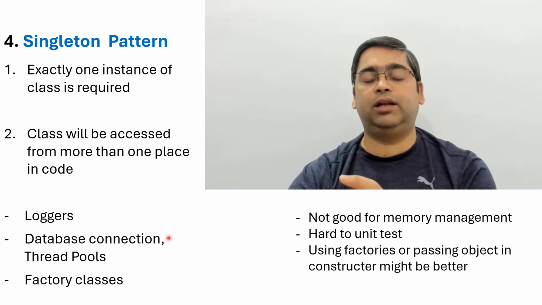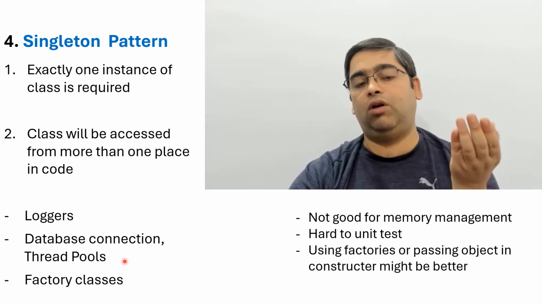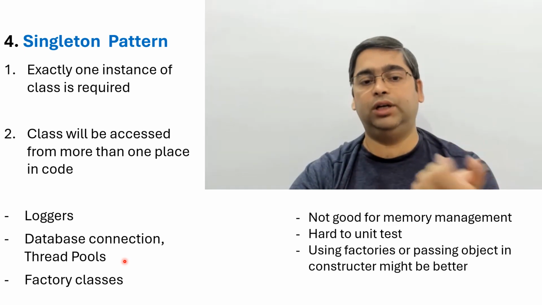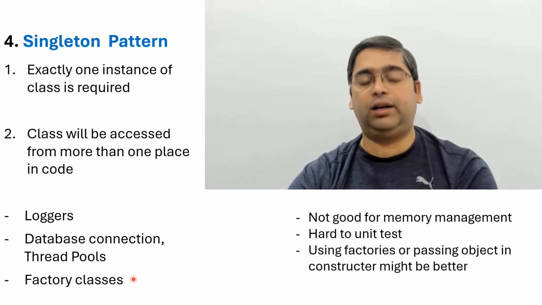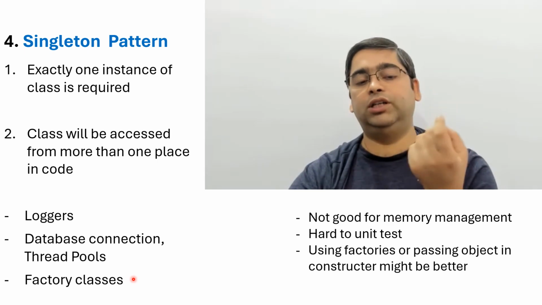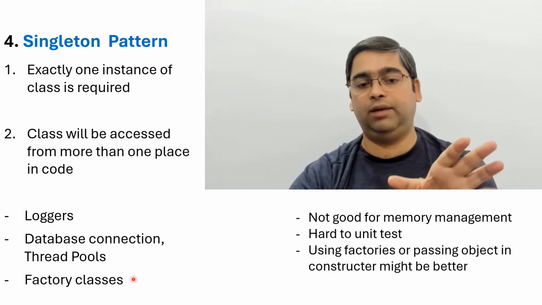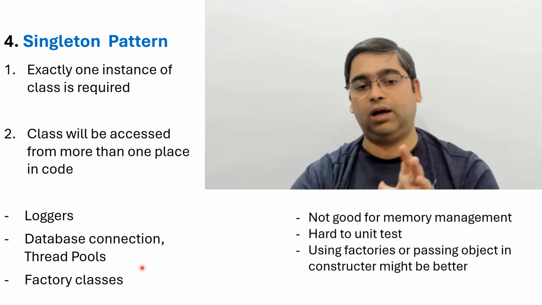Only one database connection is required, so we can make that a singleton. Only one object of a thread pool is required and every other class can use it, so we can make it a singleton. Factory classes also need only one instance, like one piece factory when you are designing a chess game, or one car factory when you are designing a computer car game.